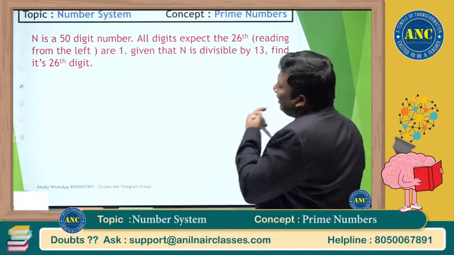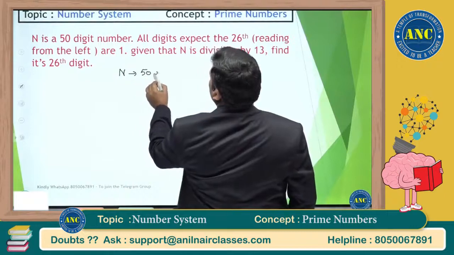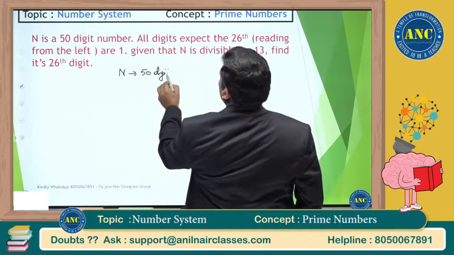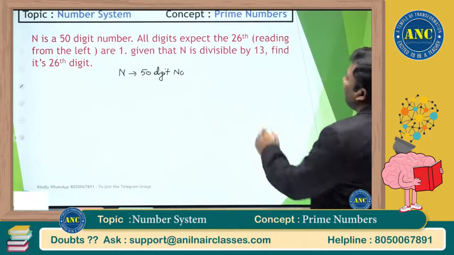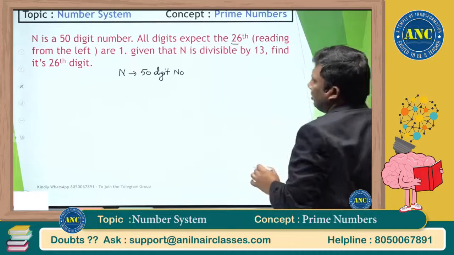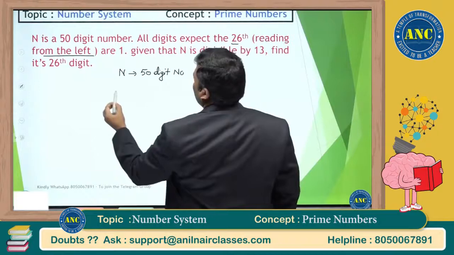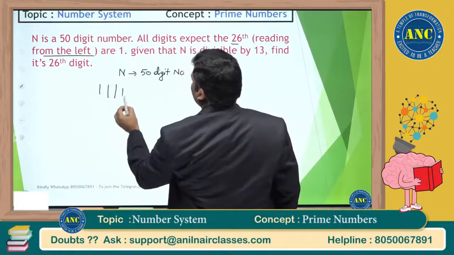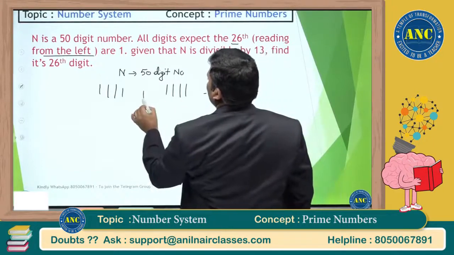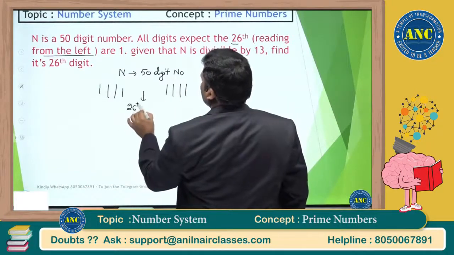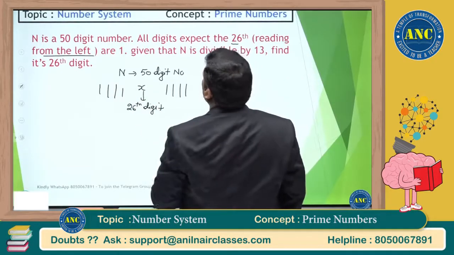Another question. N is a 50 digit number. All the digits except the 26th digit are 1.